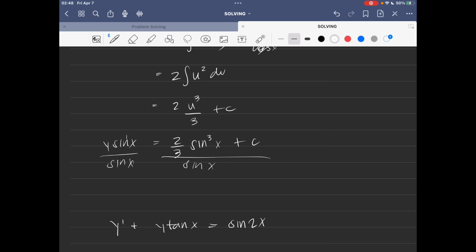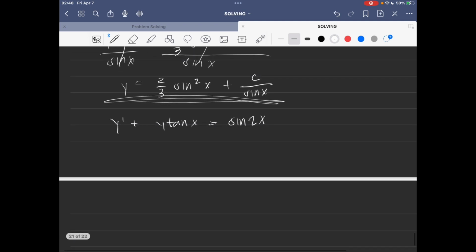So we'll get y is equal to 2/3 sine squared x plus c over sine x. And that is it.